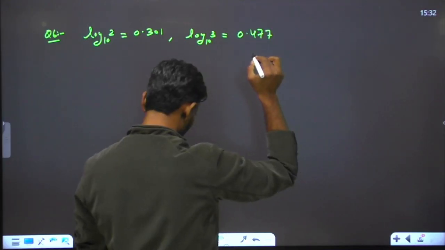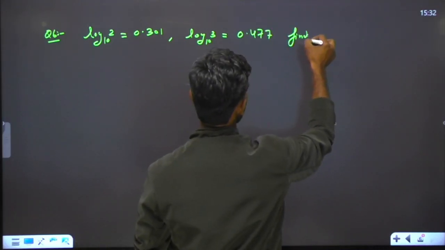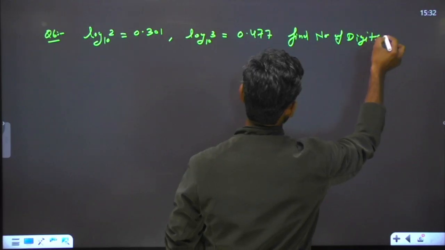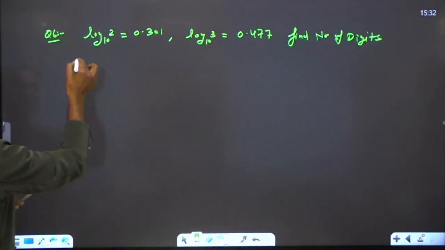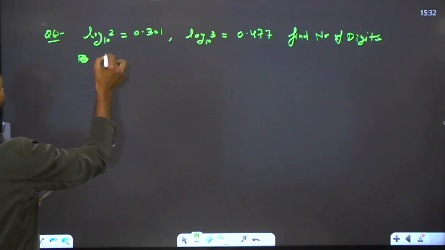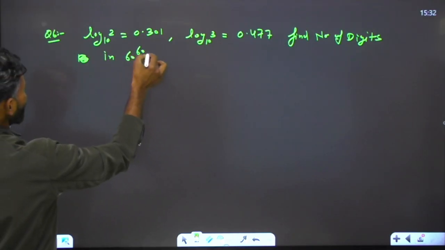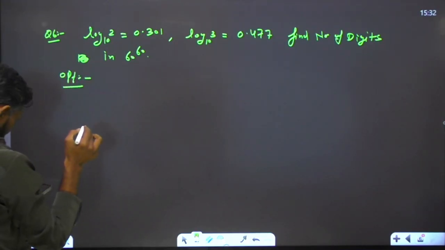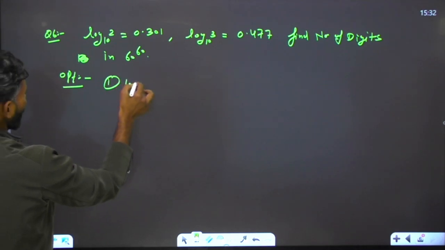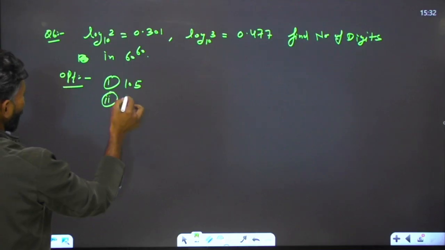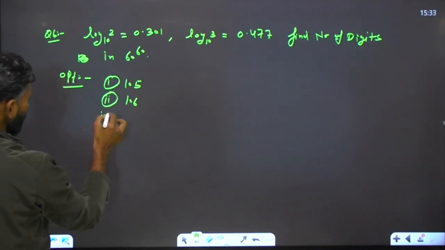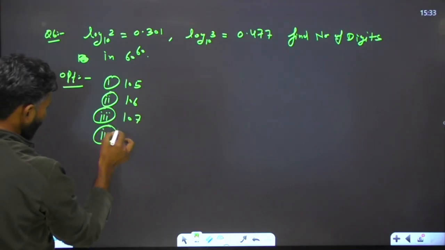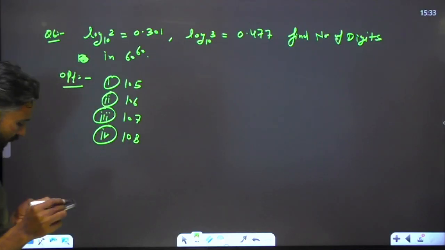Then find the number of digits in 60 to the power 60. This is the question. The options are: first option is 105, second option is 106, third option is 107, and the fourth option is 108.